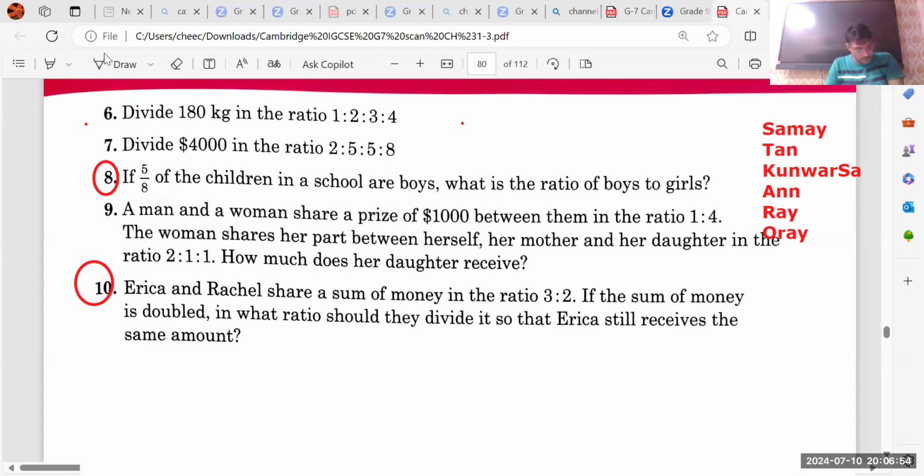Gore, how did your test go? Sir, the paper? Yes. Sir, it went well. Then why have you not got full marks?